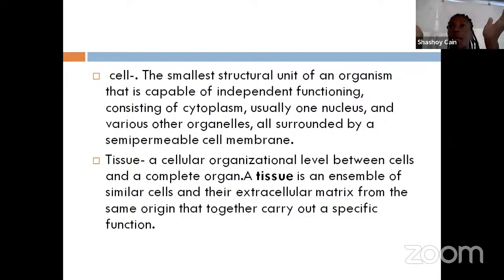So we see that a cell can function on its own. Tissue is a cellular organizational level between cells and a complete organ, and it is an ensemble of similar cells and their extracellular matrix from the same origin that together carry out a specific function. So it's like a group of cells.